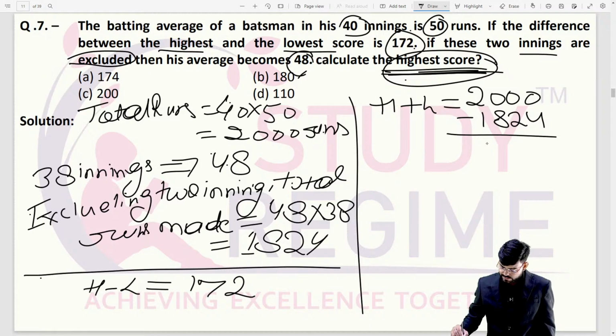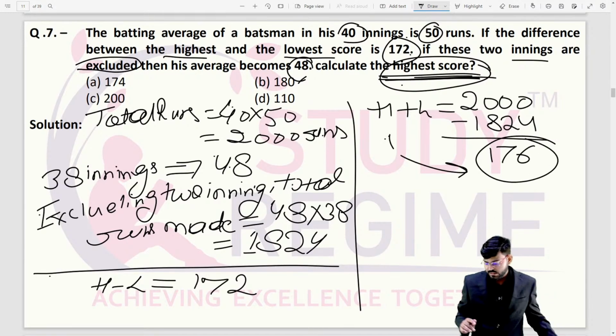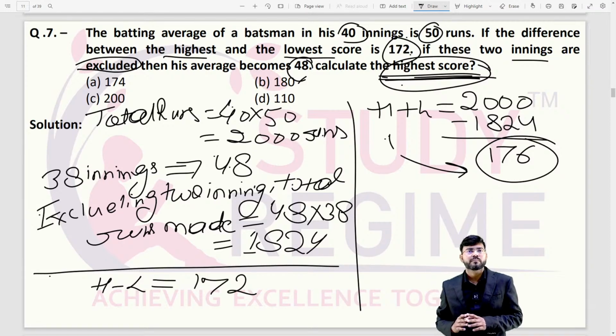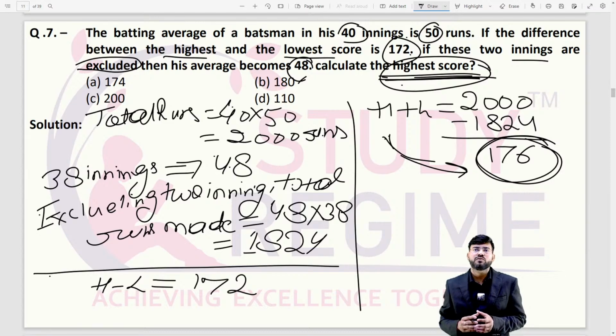I will get this value as 176. Since these 2 innings have been excluded, that is why you find the sum of the highest and the lowest as equal to 176. Clear? I have subtracted 1824 from 2000, so I got 176.